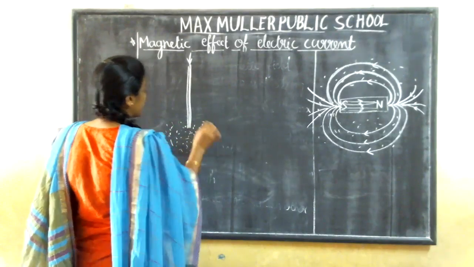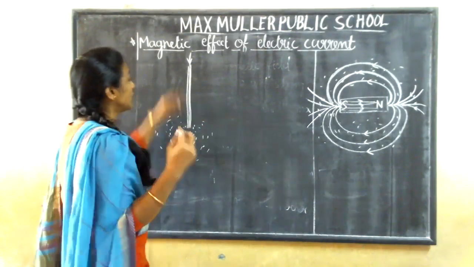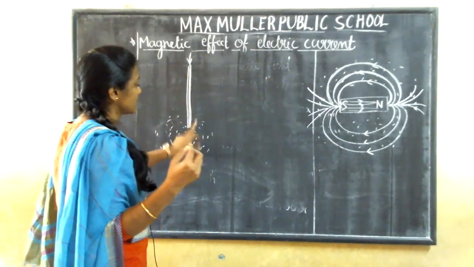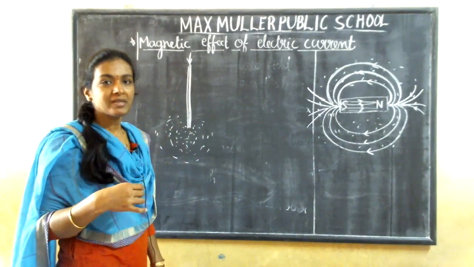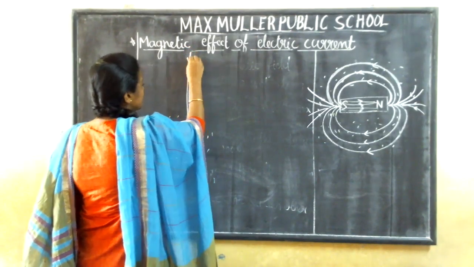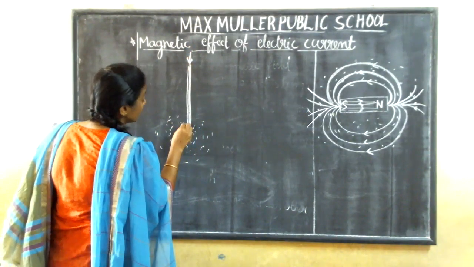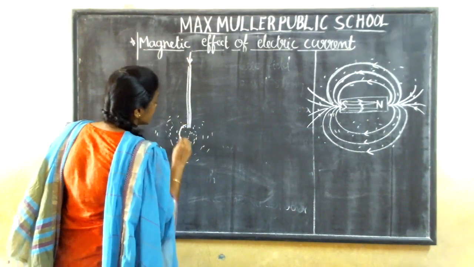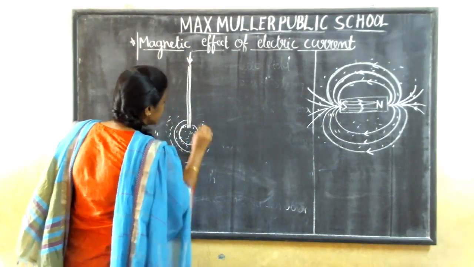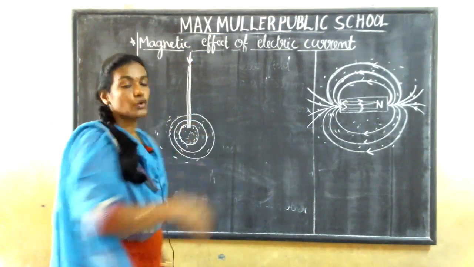After this, we allow some current into the wire. What happens at that time? When you allow current through this wire, the iron particles start to arrange themselves in a circular way.